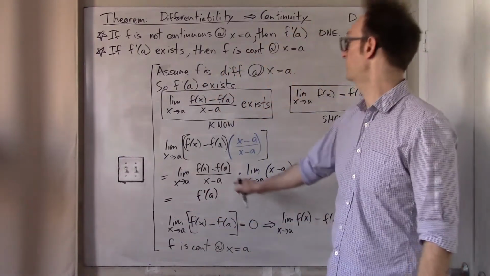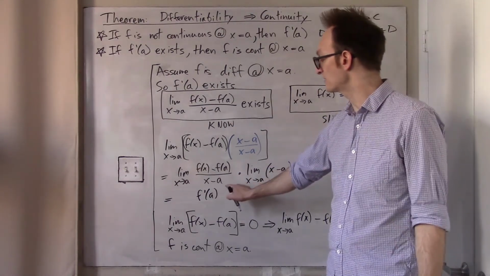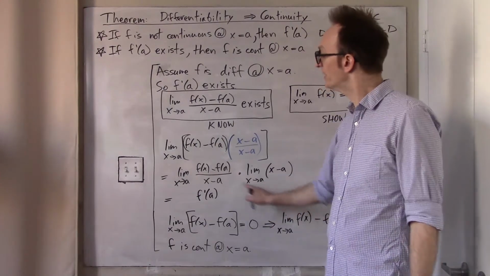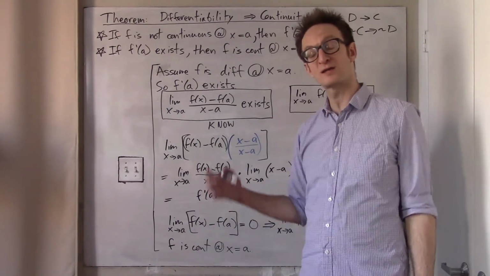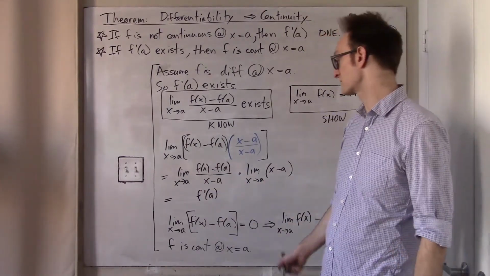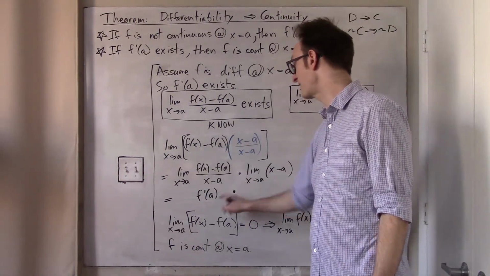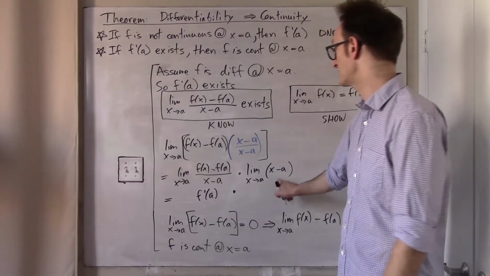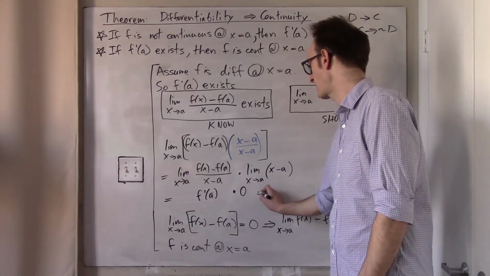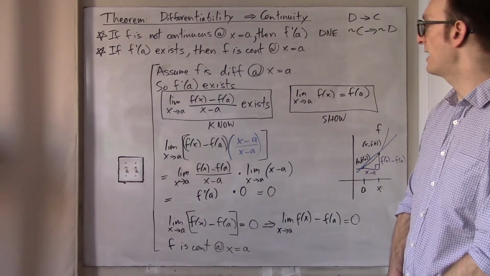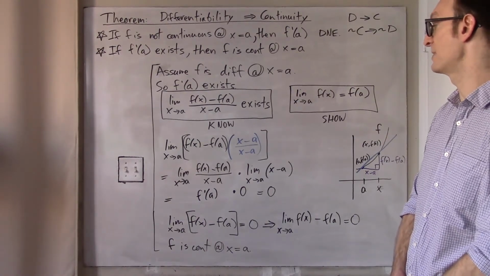Here I use the assumption that this limit exists simply to justify the limit law that says the limit of the product is the product of the limits, provided that they both exist. So the legitimacy of splitting this up has been justified because that limit does exist. What's this limit? It's just 0. And so I've shown that this limit is 0.